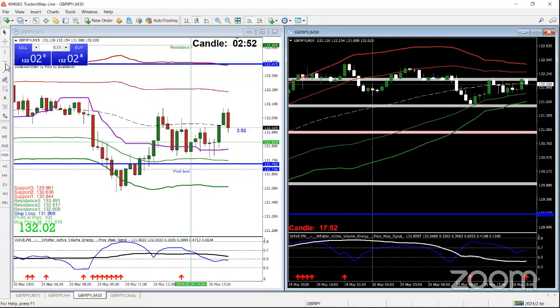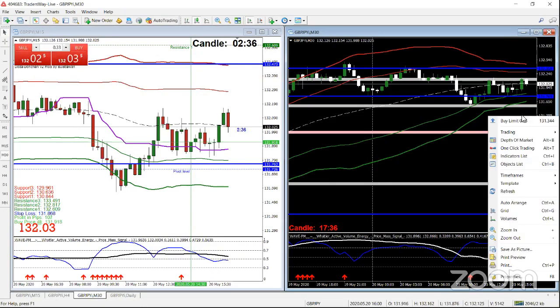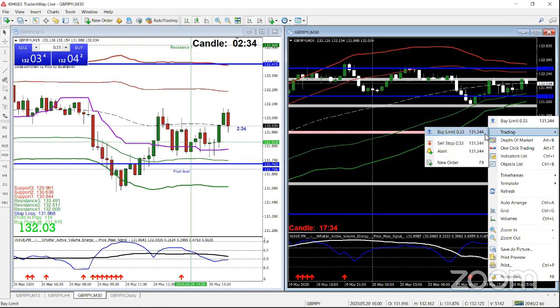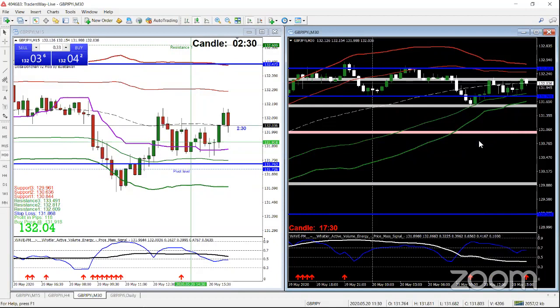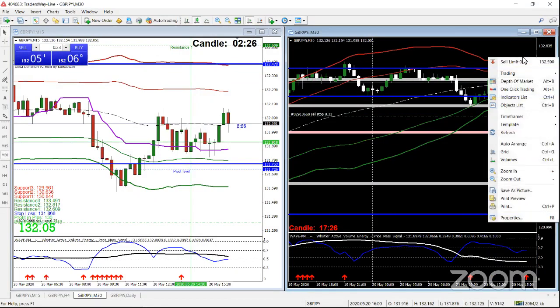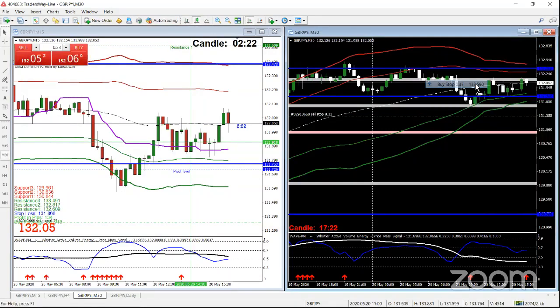Right now, what you could do is put a pending order high and a pending order low. Like right now, this is what I could do. I could go over here, a sell, and then I can do a buy stop here.